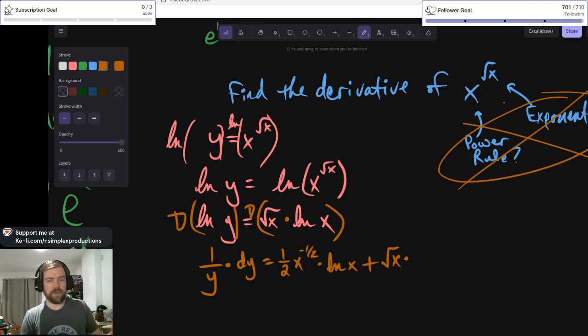The derivative of natural log of x is 1 over x, and then times the derivative of x itself. I also forgot that on the square root as well. So both of these terms are going to have a dx attached.